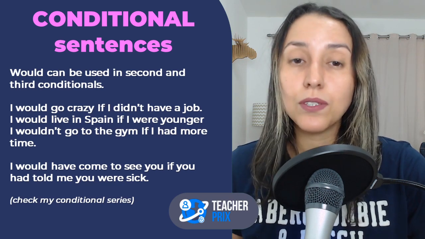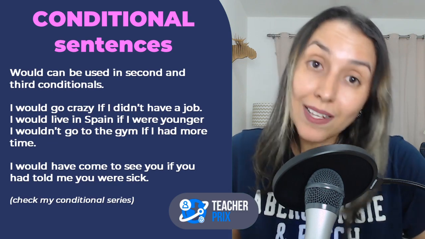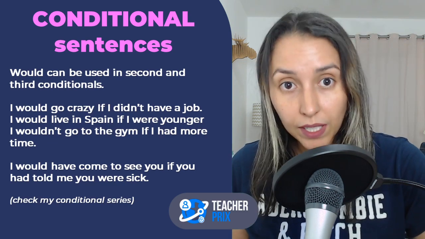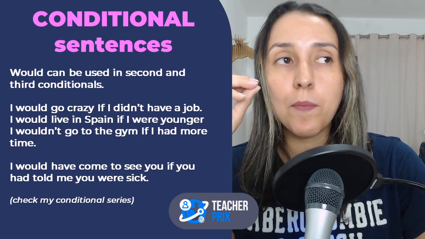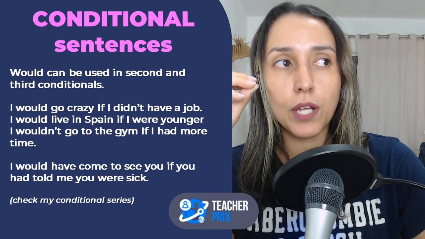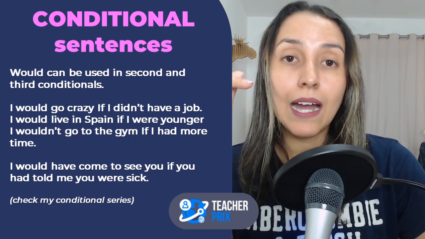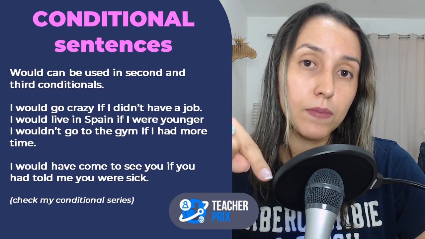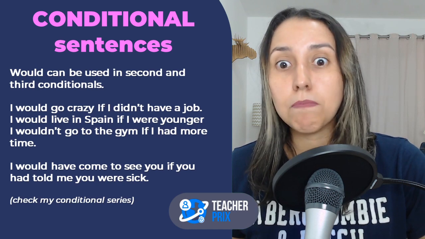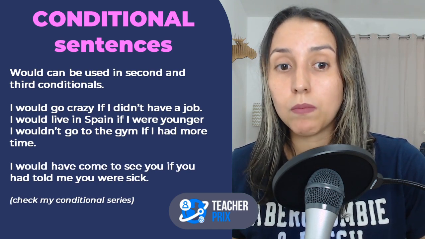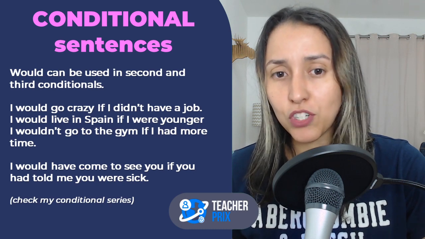But basically, when I use the third conditional, I am talking about something that was or was not real in the past. Because with the second conditional, I'm basically talking about something that is not possible or not real in the present or in the future. Now, on the other hand, with the third conditional, I'm talking about something that was impossible in the past. Okay, it's gone, it's over, game over, no more chances.